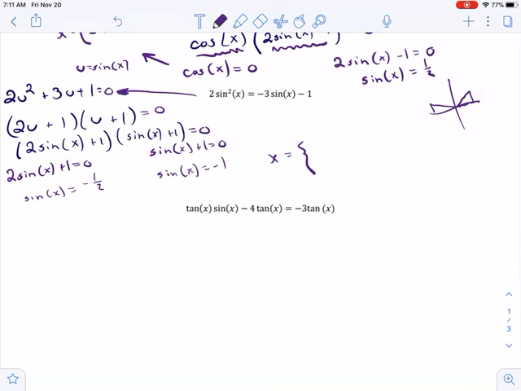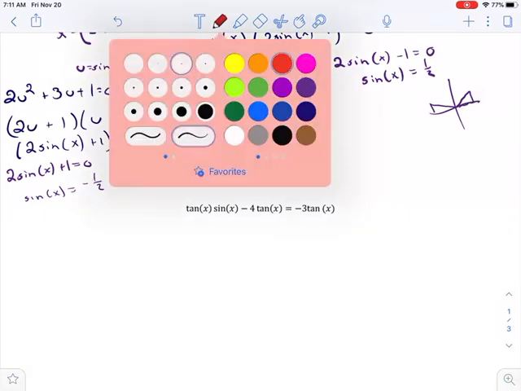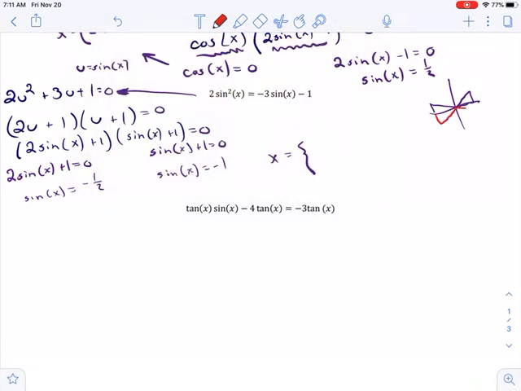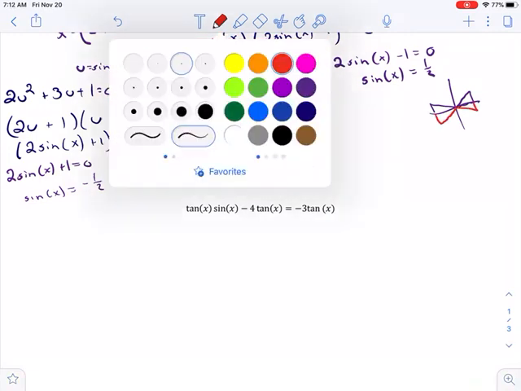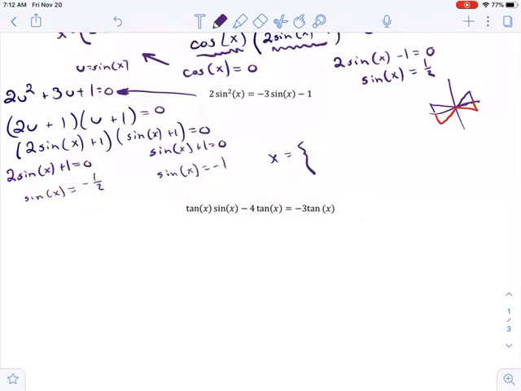So negative 1/2, if I use this little unit circle drawing that I already have right here, I can go there, so that's going to be 7 pi over 6 and 11 pi over 6 for my negative 1/2. And then negative 1, so a y-coordinate of negative 1 is only going to exist at 3 pi over 2. So I end up with those solutions.